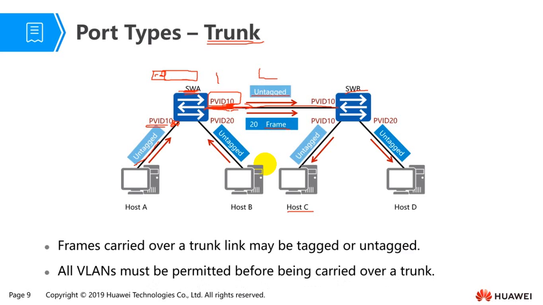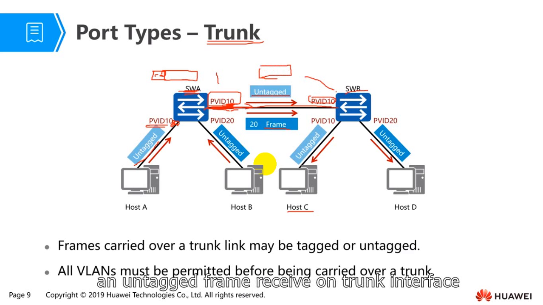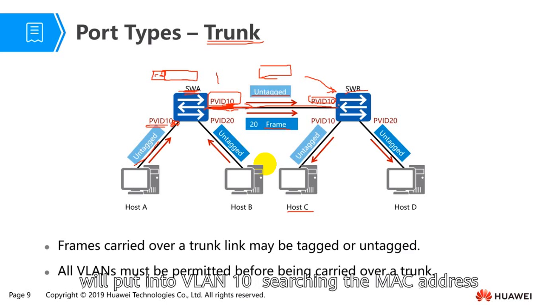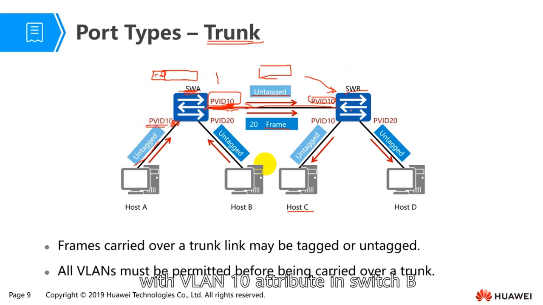And on switch B, the PVID is also 10. So an untagged frame received on this trunk interface will be put into VLAN 10, and then switch B searches the MAC address table with the VLAN 10 attribute and sends out.